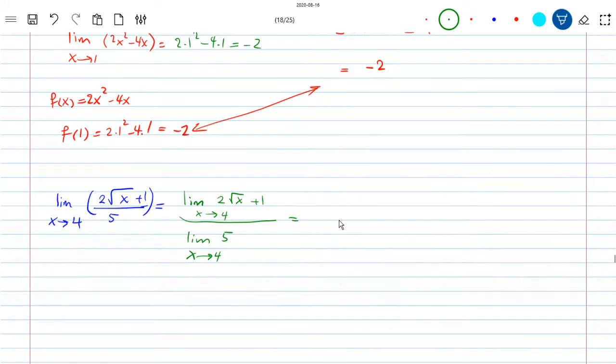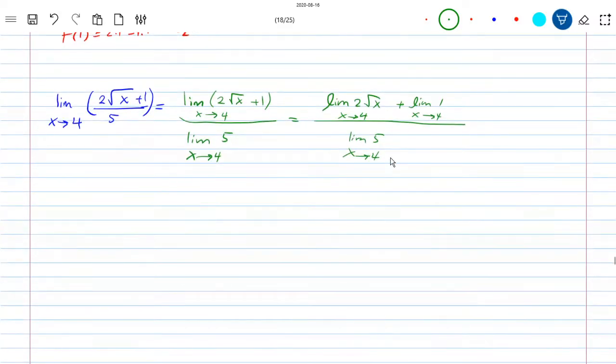The numerator, I can write as separate limits, both inside. I can write this as limit 2 square root of x plus limit 1 as x approaches 4, divided by limit 5 as x approaches 4. And now I can continue.